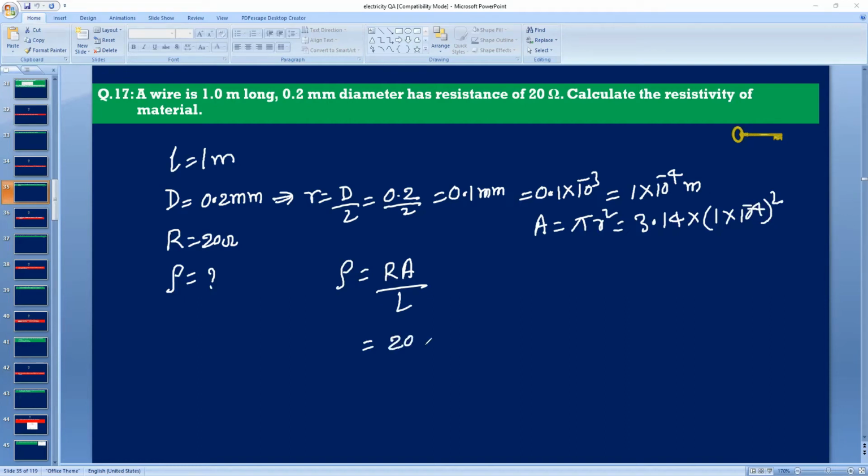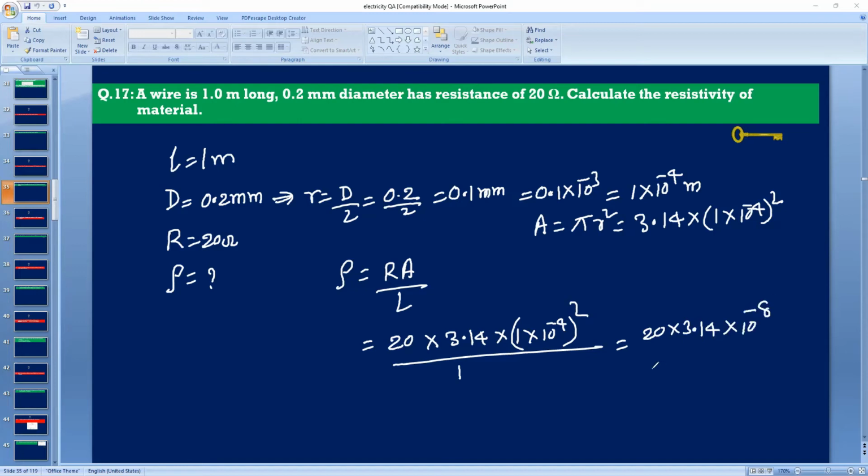Resistance 20 ohms into area 3.14 into 1 into 10 to the power of minus 4 whole square by length 1 meter. If you simplify it, 20 into 3.14 into 10 to the power of minus 4 whole square, 10 to the power of minus 8.